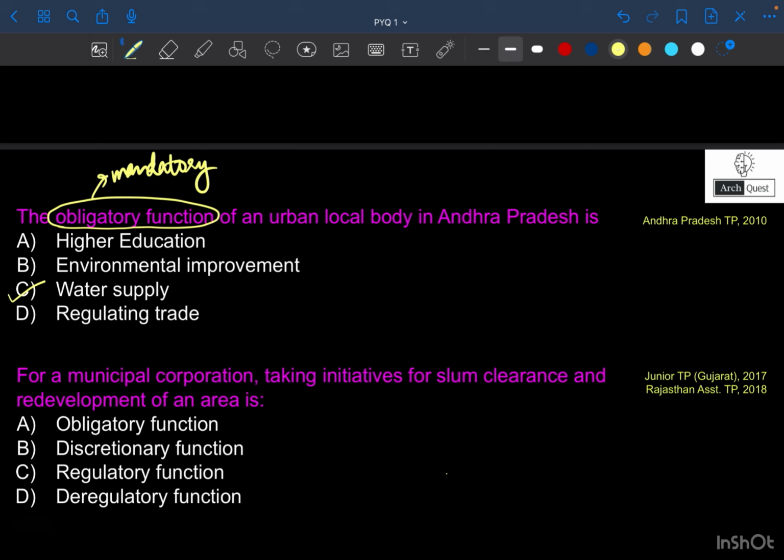Okay, so the first one, higher education. Higher education is not a mandatory function of the urban local body because it's often looked after by the state or central government. It's a discretionary function.